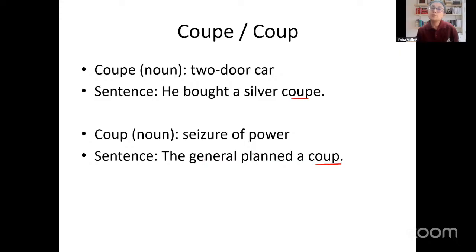And you would be surprised if you check the dictionary, you would find more meanings with both the words, right? But as of now, just remember that COUPE is a two-door car. Or you can just simply remember a mode of transport, right? And a coup is when people come together to do something, to plan something. That's a coup, COUP, right?